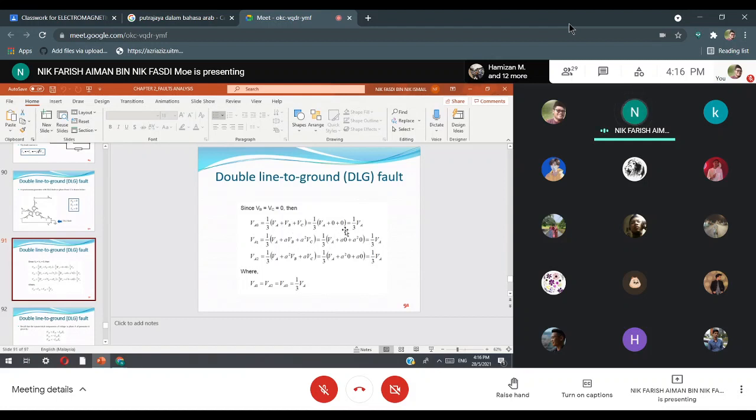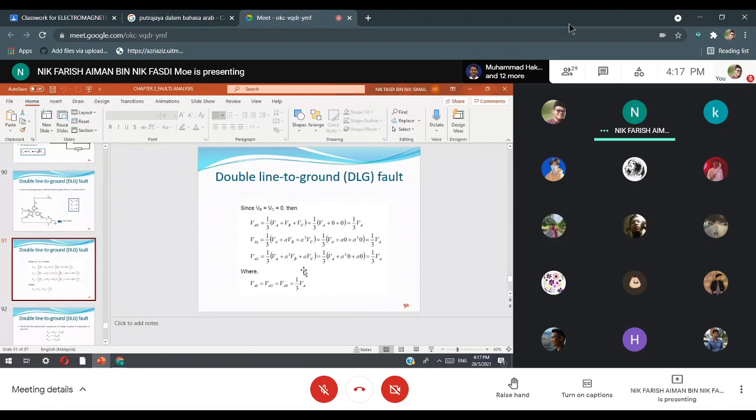Because VB, VC are 0, 0, 0, we get VA. So this is the I3, 1 over 3 VA. Same as before, these are 0, 0. So you have this 1/3 times the VA.